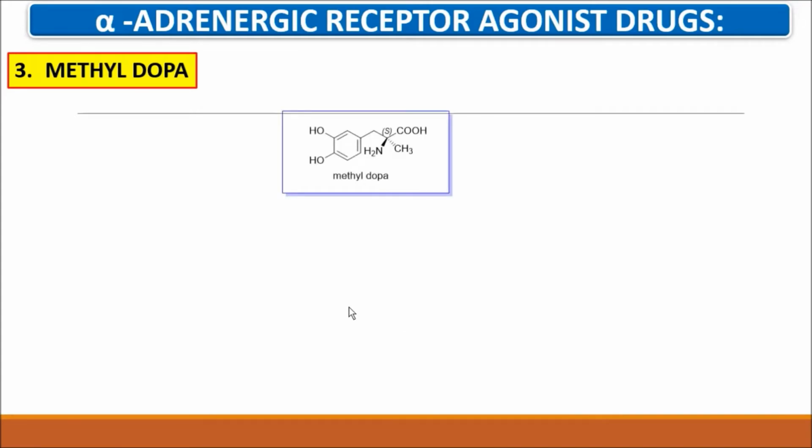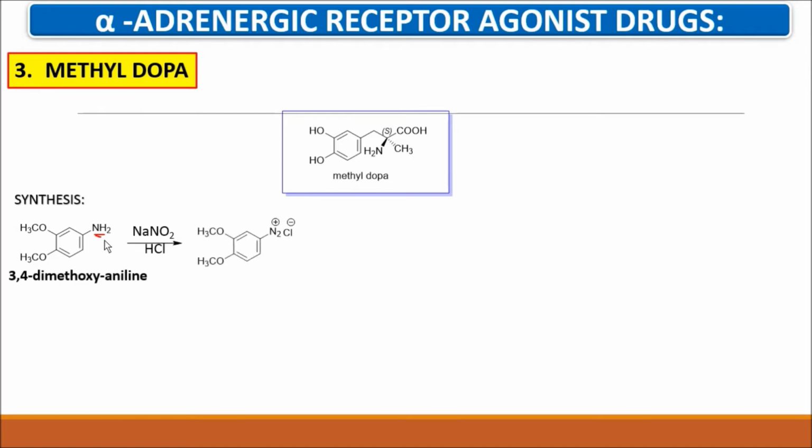Let's see the synthesis of methyl dopa. For this we are taking 3,4-dimethoxyaniline, where an amino group is present. It is reacted with a diazotization agent, sodium nitrite in HCl. The diazotization agent converts this amino group into diazonium chloride.